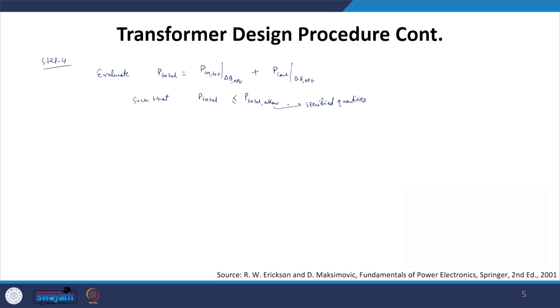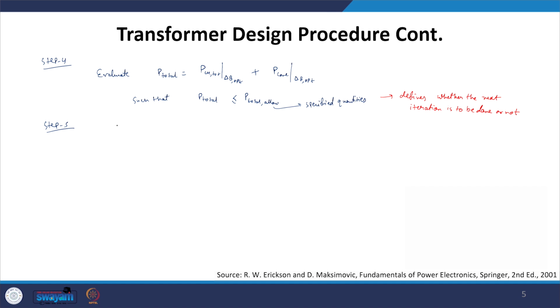Now, once we have obtained our delta B optimum value, this condition defines whether the next iteration is to be done or not. Now, if this condition is satisfied, then we can go ahead and define step number 5.